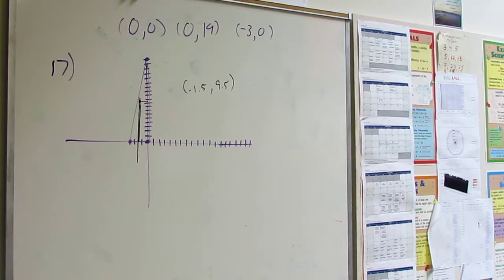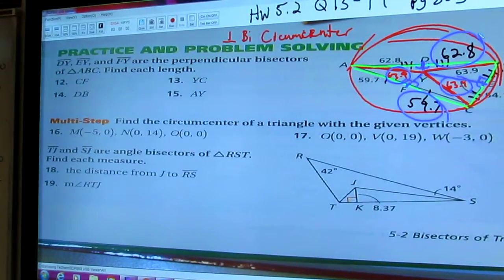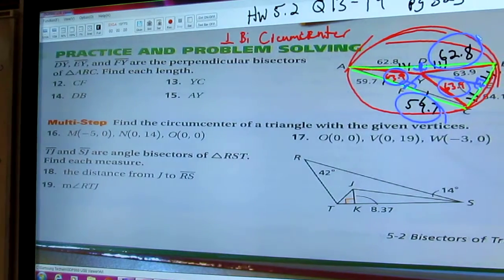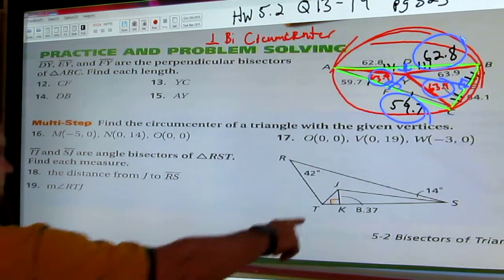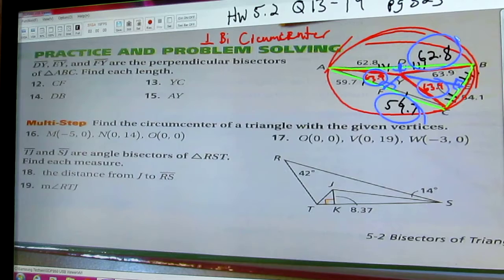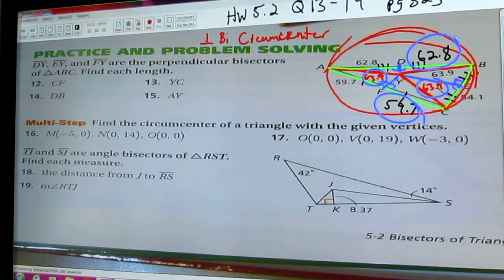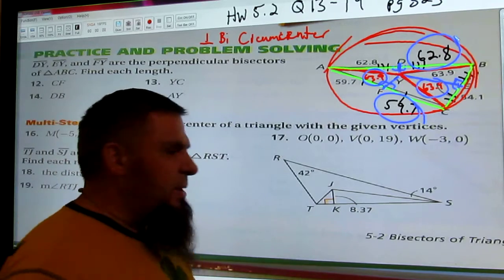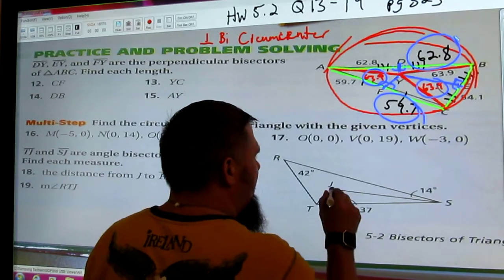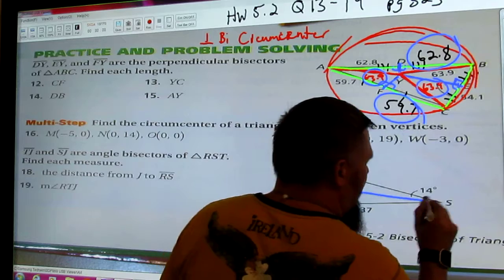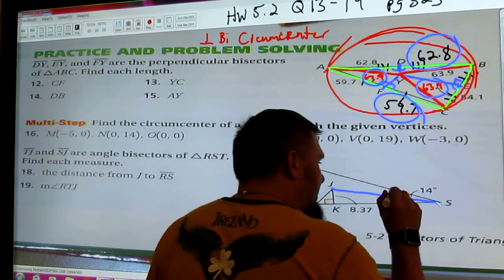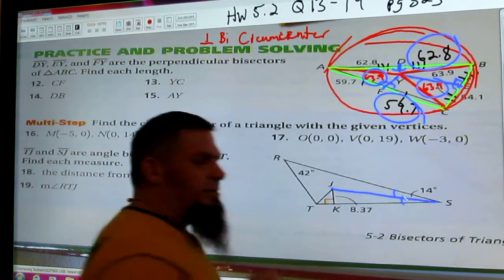And then when we come back to do 19, we have this figure, and TJ and SJ are angle bisectors. What that means is that this angle and this angle are the same.